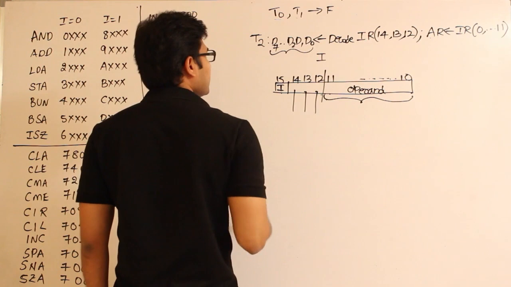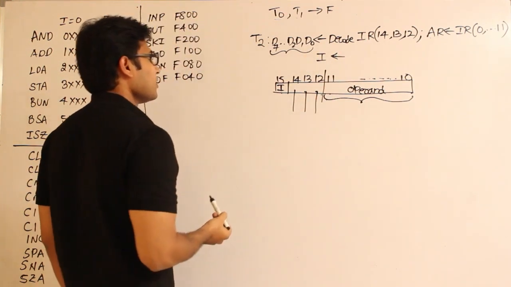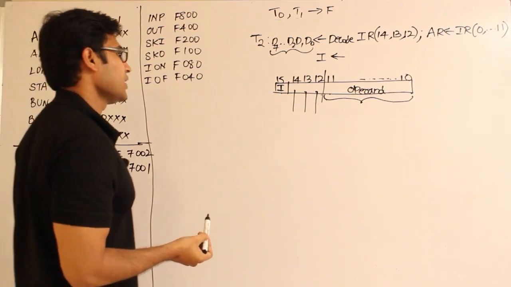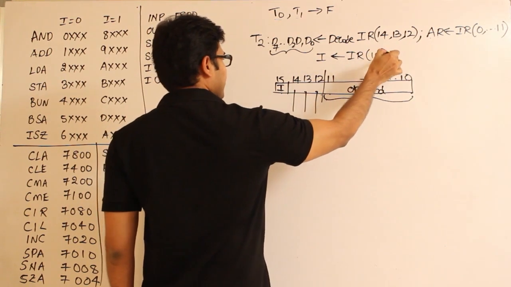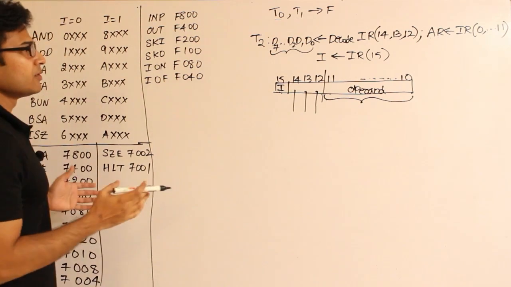Assume that it is I, and into this special flag, in the same clock cycle I'm going to send IR of 15. This part will be sent there. So by doing this, decoding will be complete.